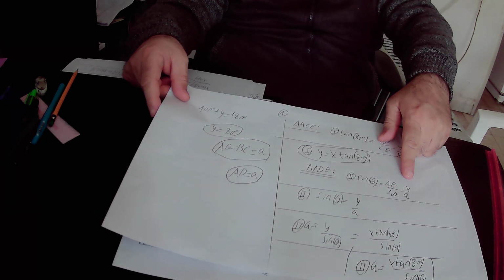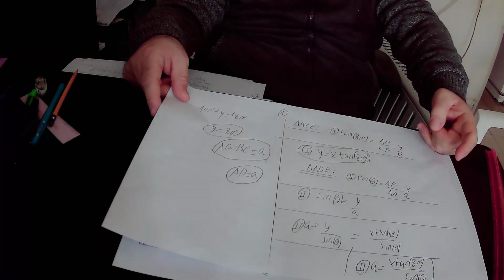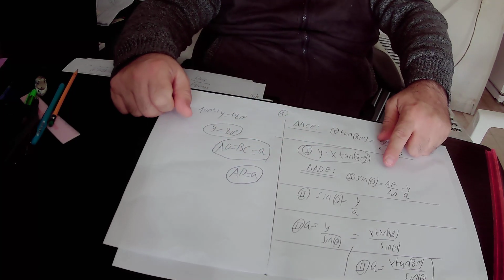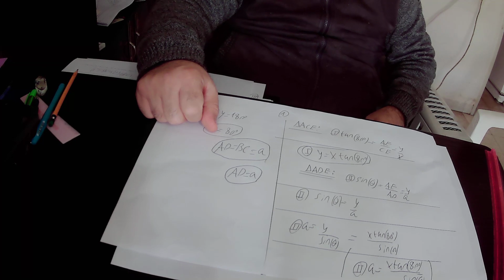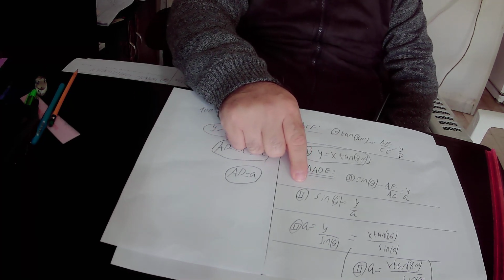But AE equals Y according to our definition, and AD equals A. So in conclusion, we found that sine theta equals Y over A, according to equation number 2.